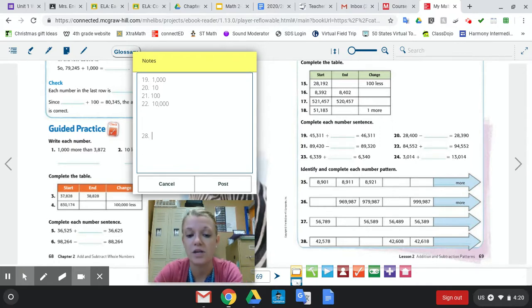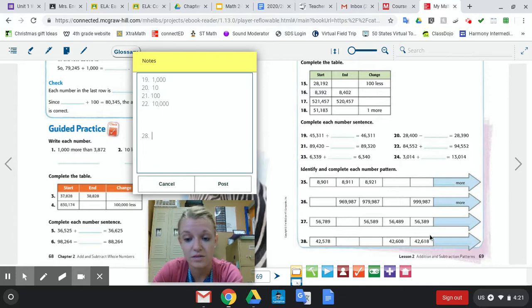So let's look at number 28. This is set up a little bit differently. It says identify and complete each number pattern. That's what today is all about, finding patterns. Knowing that if there's 10,000 more, we're going to only change the 10,000 spot by 1. So number 28, we have this number and then we have a couple blanks and then it moves up to here.